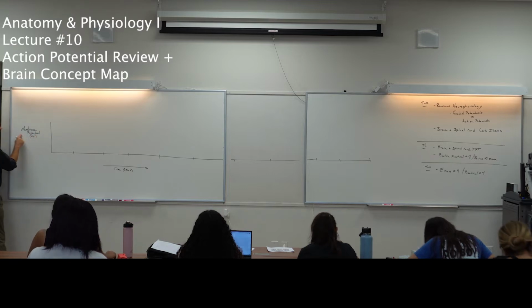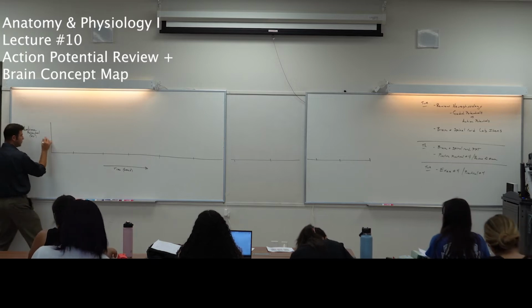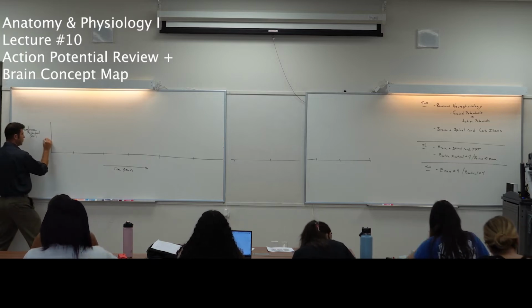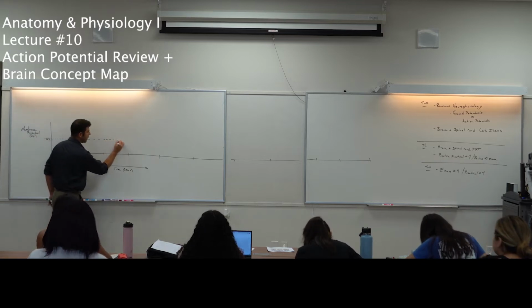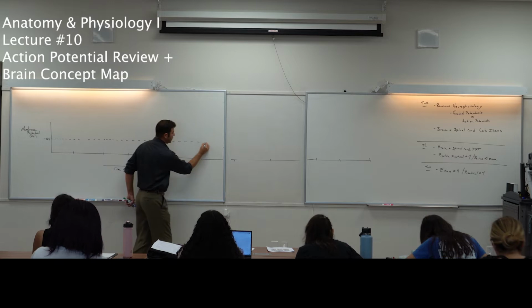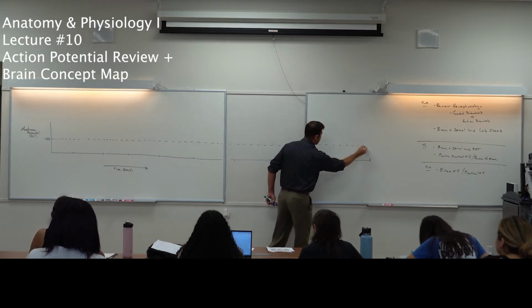That was the charge of the plasma membrane of that cell. We said there was a special charge around -55. We called this our threshold value. I'm going to stretch this one way out.